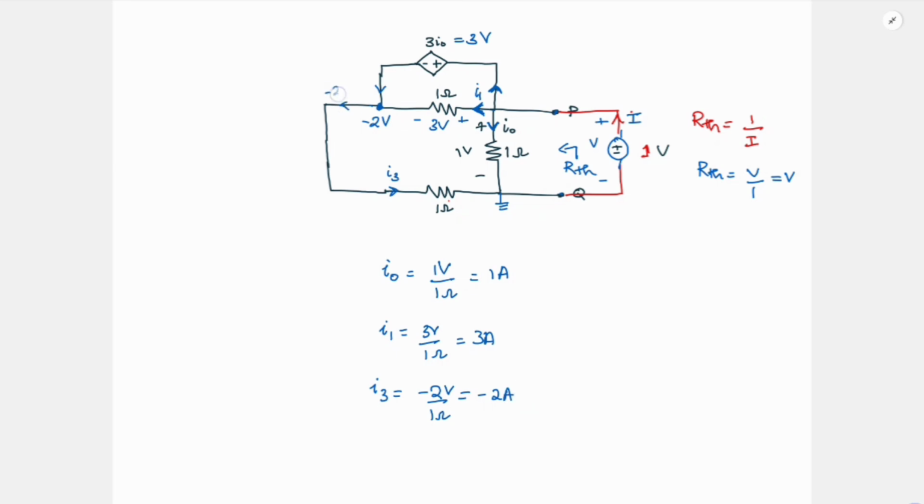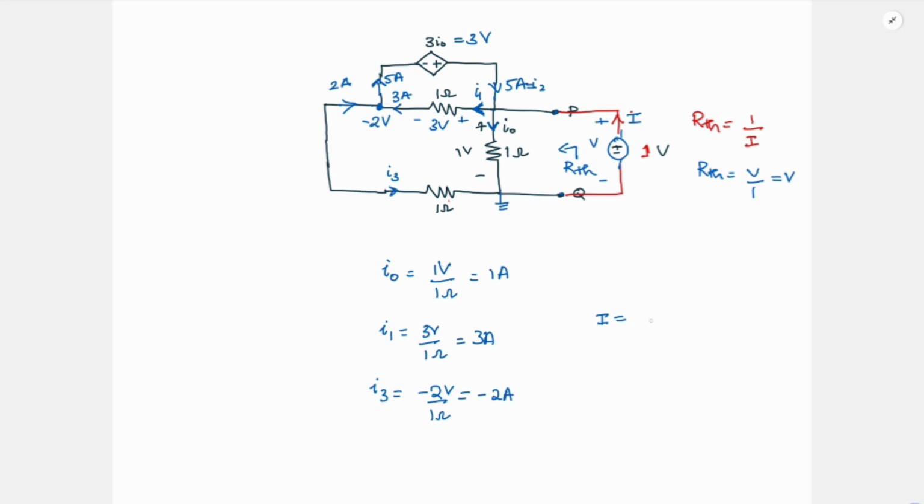So minus 2 ampere is flowing here, which means that in this direction 2 ampere is flowing, and here in this direction I1, 3 ampere, is flowing. So what will be this current? In this direction it is 5 ampere. Let me call this I2 in this direction. So what is your total current I here?